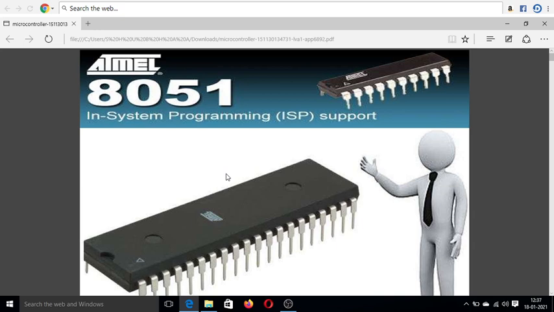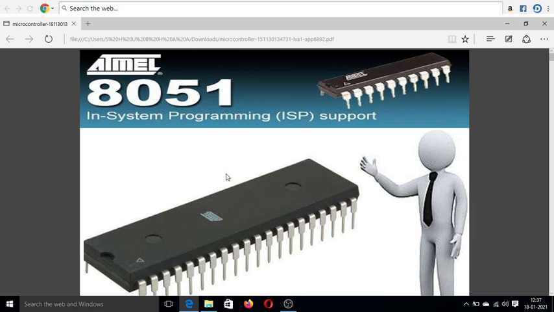In the previous classes we discussed the introduction of the 8051. As we discussed, it is a single chip computer, or a computer on a chip. A computer consists of various peripherals: the CPU, memory, input output devices, timers, and converters, analog to digital and digital to analog.